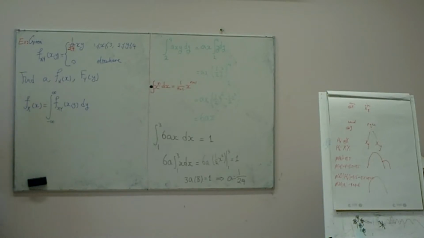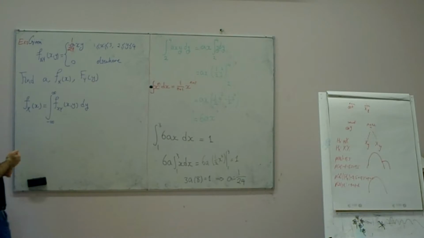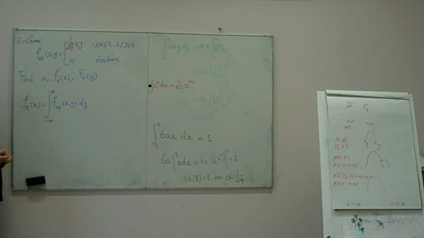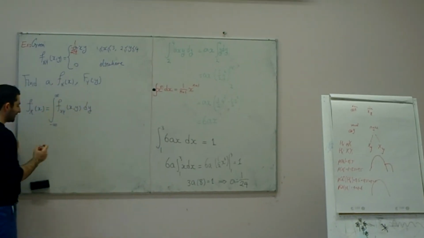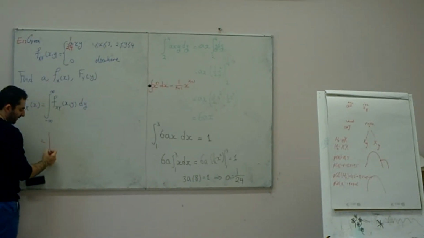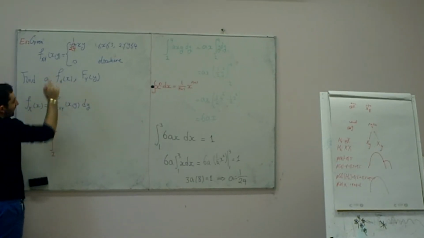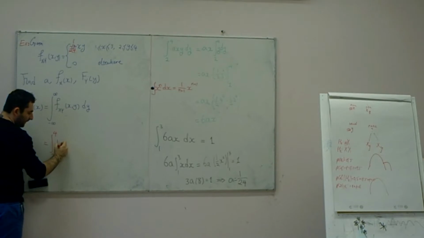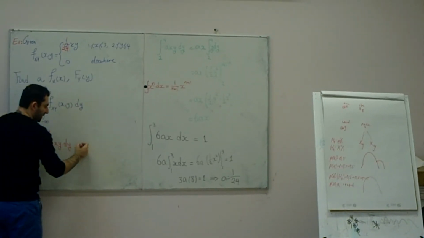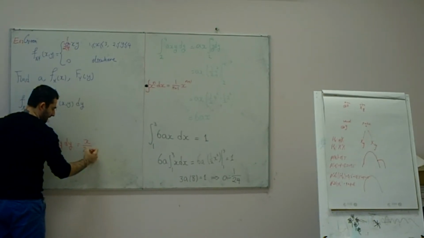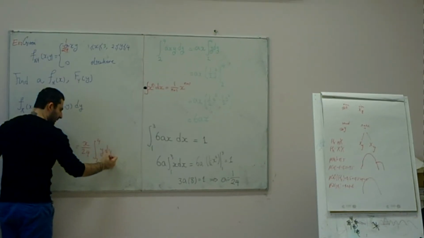This was the definition, but the definition is not always the case. Why? Can you tell me where the y is defined? I know it is always 0 except if I am between 2 and 4. So this will turn into a very pretty formula of an integral from 2 to 4. What is f(x,y)? 1 over 24 x y dy, which is x over 24 times the integral from 2 to 4 of y dy.